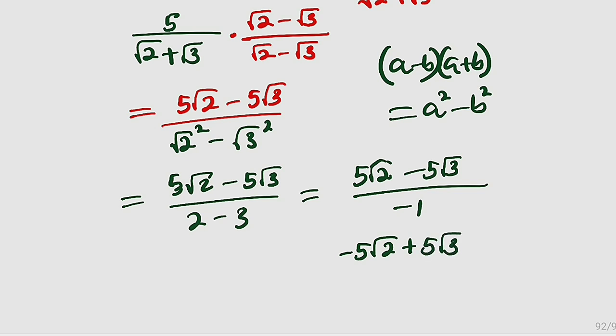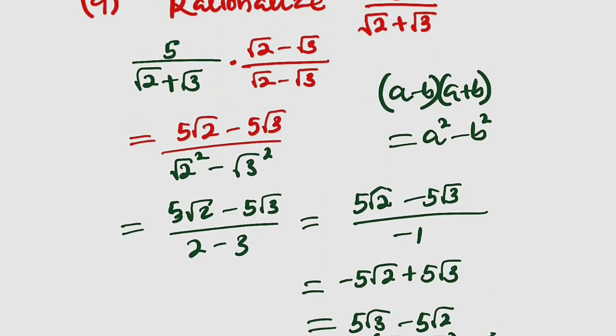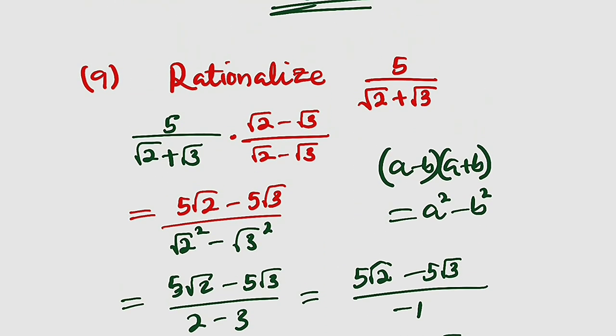And we can switch them as 5 root 3 minus 5 root 2. If you like, you can factor out the 5 because we have a common factor of 5, but it's not necessary. But let me just do that. It will be equal to 5 multiplied by root 3 minus root 2, all the same. So this is the rationalized version of 5 divided by root 2 plus root 3.